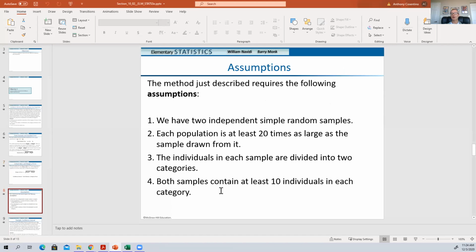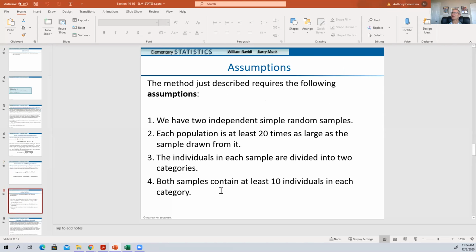So the assumptions are the same assumptions we used back in chapter 8 when we were doing a confidence interval on a single proportion. Now we're comparing two, and you could see that both of them have to be independent and random. And each population is 20 times as large as the sample. And it has to be divided into two categories, typically right or wrong, yes or no, true or false, and heads or tails, right?